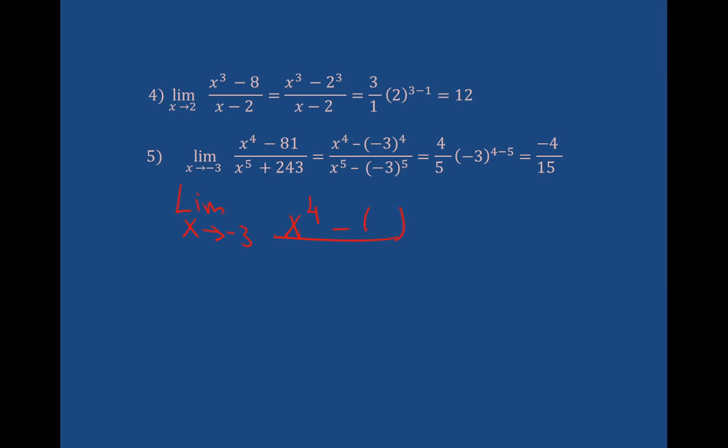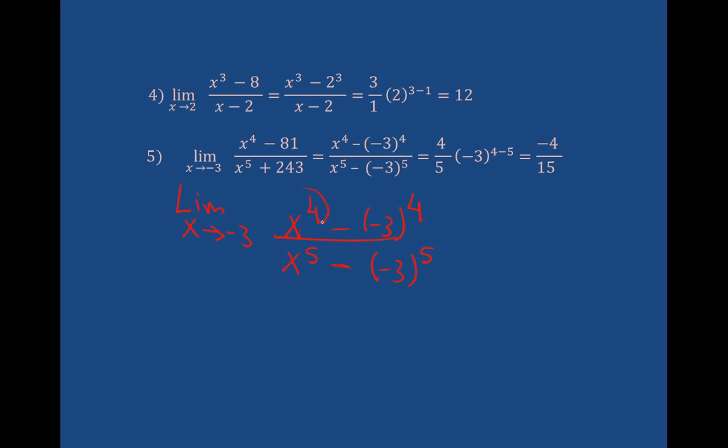81 can be written as negative 3 raised to power 4 over x power 5, and 243 is negative 3 raised to power 5. Take care again.